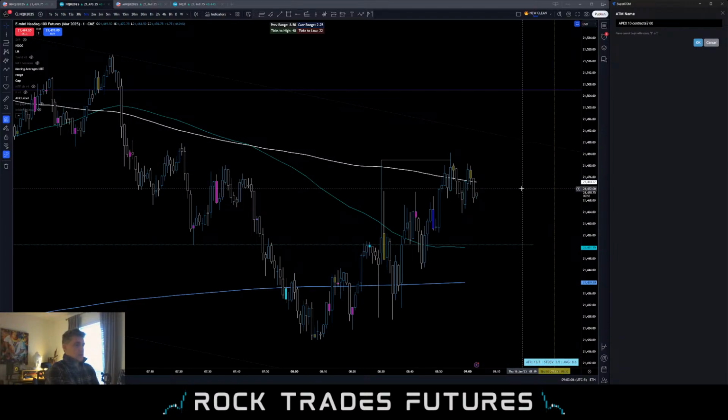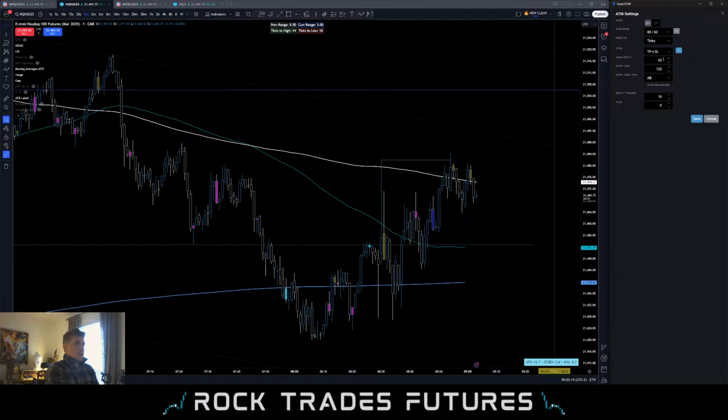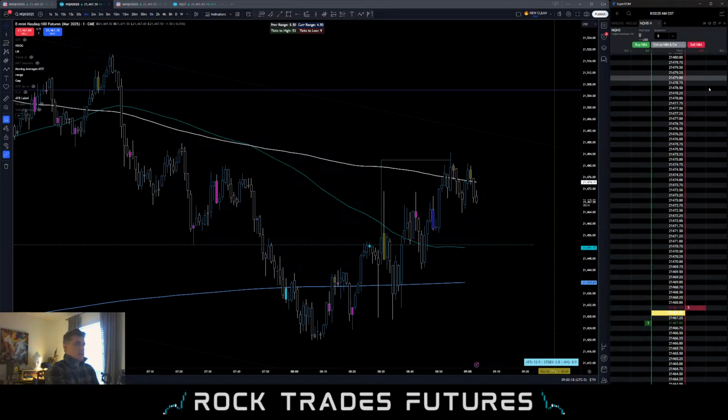So I should trade, just to up the risk a little bit, probably 4 minis. Trade like normal and see if I get what I'm out to get.